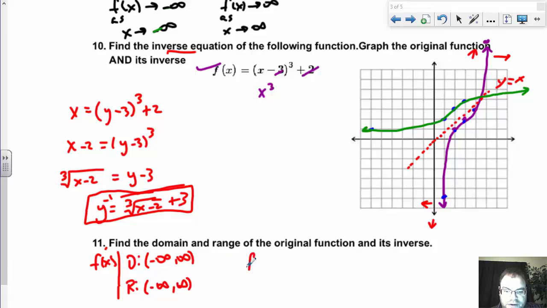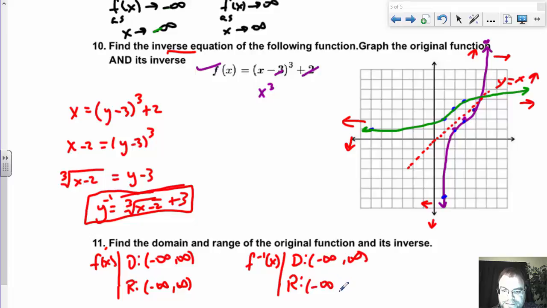For the inverse function, we have the domain and range as well. It's the same thing as these flipped around. So this is going to go forever this way and forever this way. So that domain is also negative infinity to infinity. And this green graph will go down this way forever and up this way forever. So it's also negative infinity to infinity, which is the same as these two flipped.